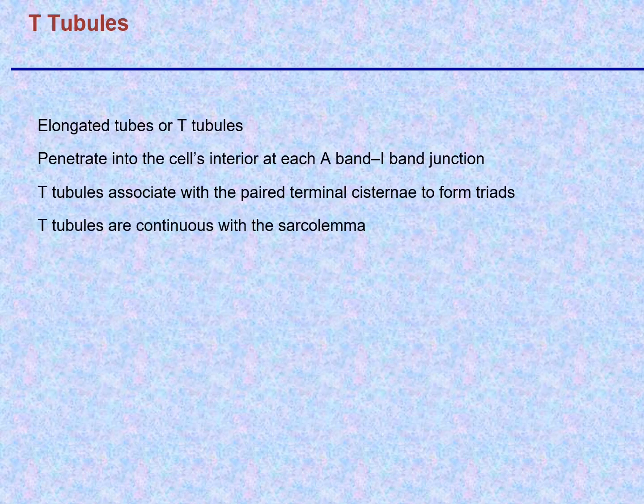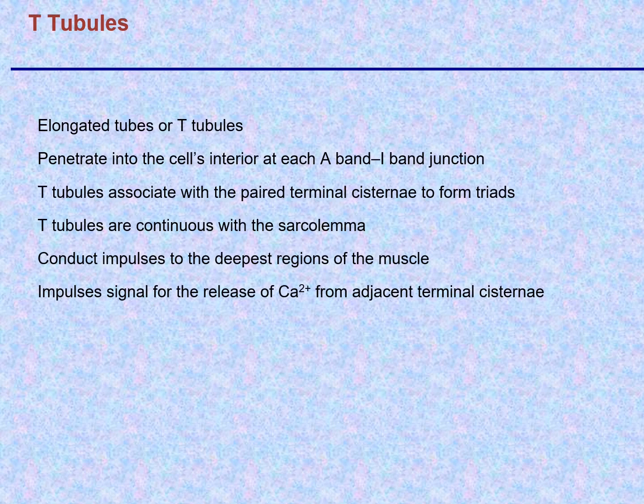So the T-tubules are these elongated tubes that penetrate down right at the A band-I band junction. They're associated with terminal cisternae and are continuous with the sarcolemma. They help to conduct depolarizing impulses down into the deepest part of the muscle.